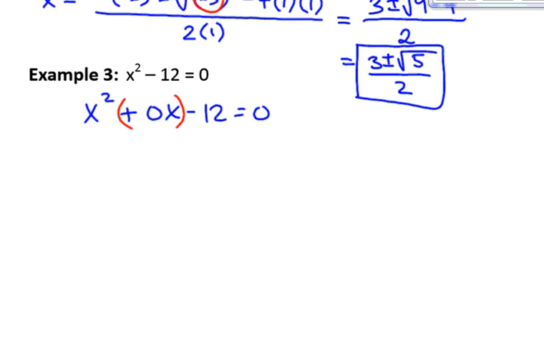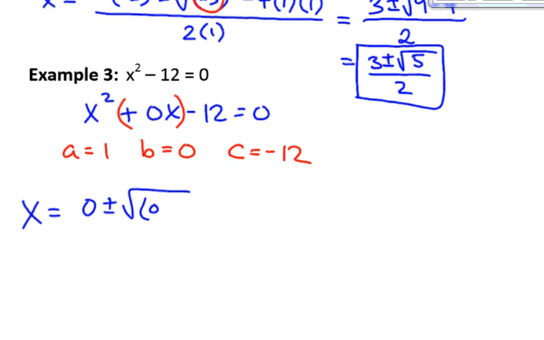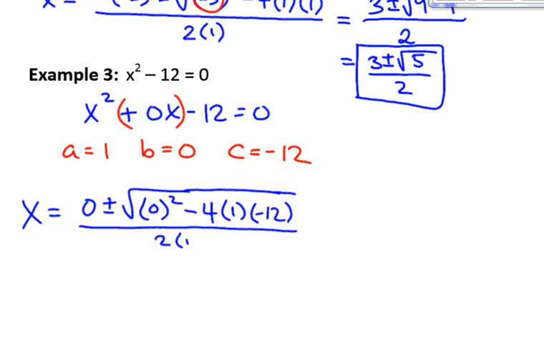All right, so now our a is 1, our b we said is 0, and our c is negative 12. So now we're going to solve using the quadratic formula. So we have x equals negative b, and b is just 0, so I'm just going to put 0, plus or minus the square root of 0 squared, which again would just be 0, minus 4 times a times c, all divided by 2a.